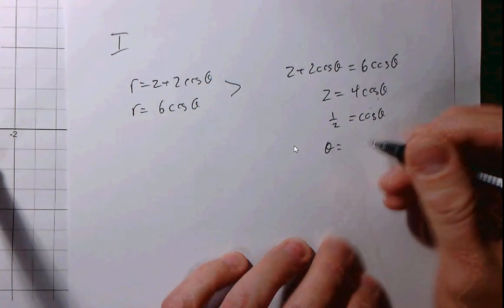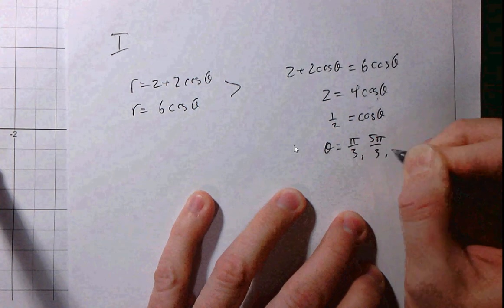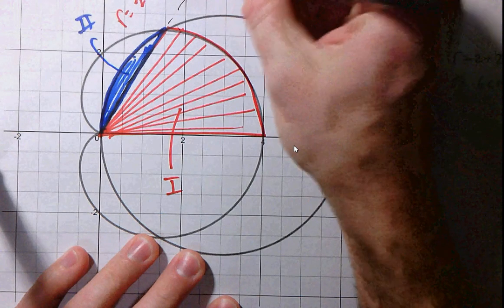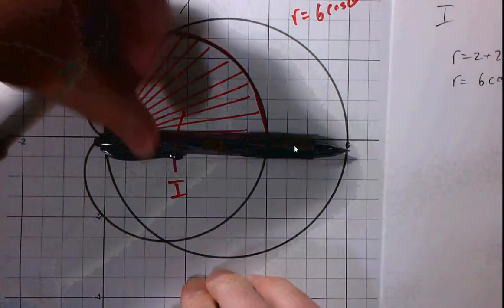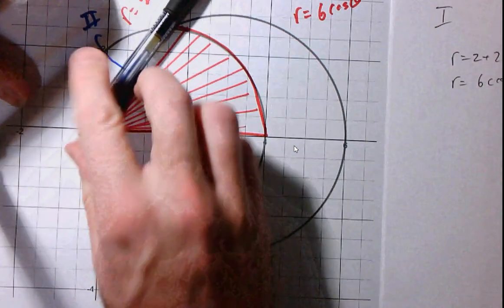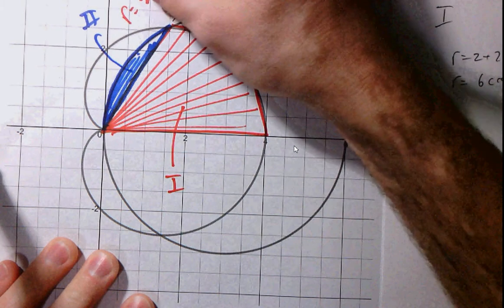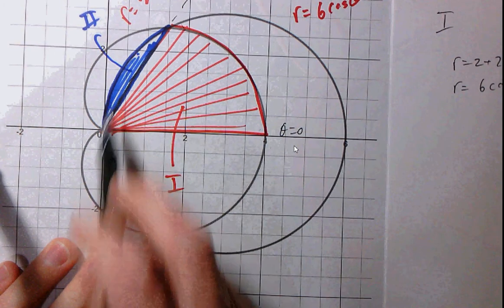So that means that theta is pi over 3 and 5 pi over 3 and so on. For us, obviously we want theta equals pi over 3. So from here to here, we're going to integrate under the limacon, and then from here to here, which is pi over 2, we're going to integrate under the circle, right?